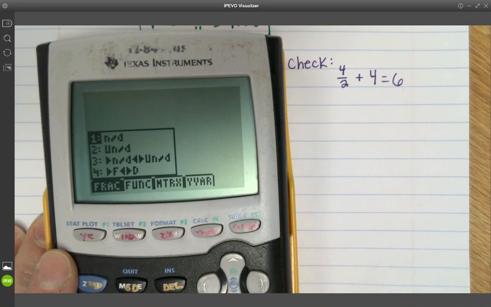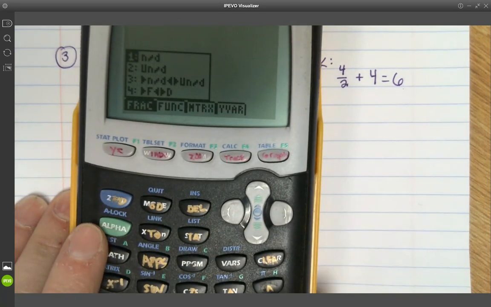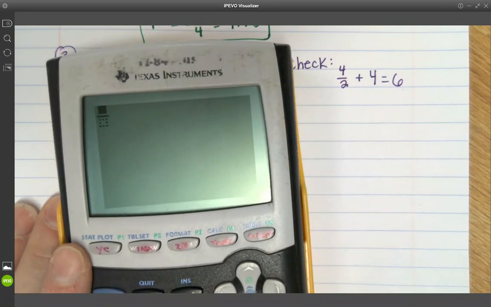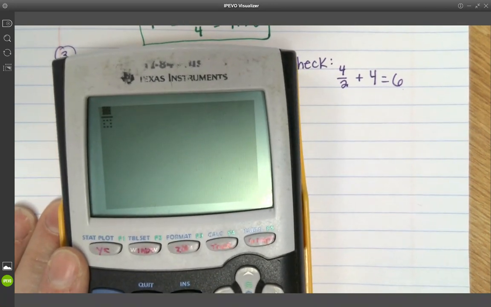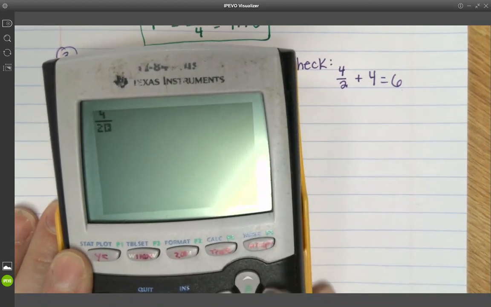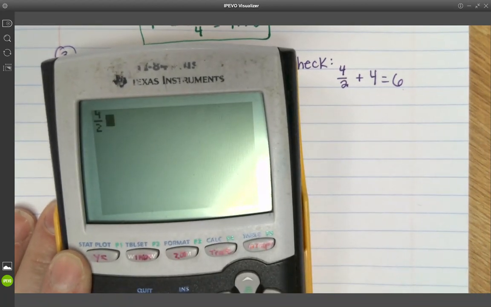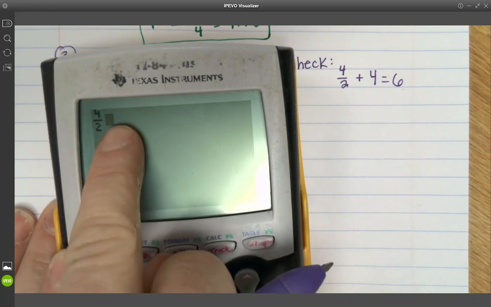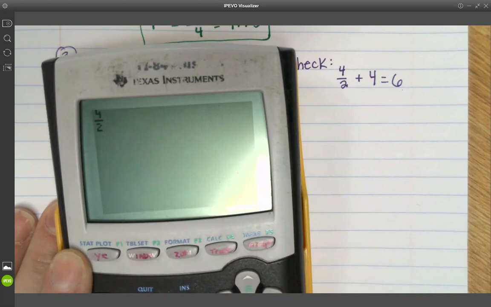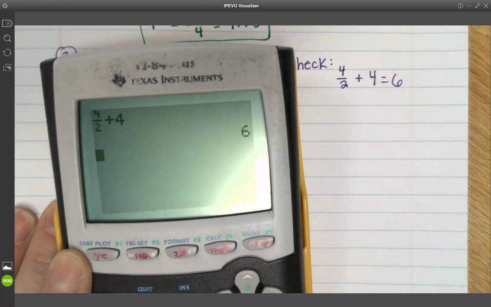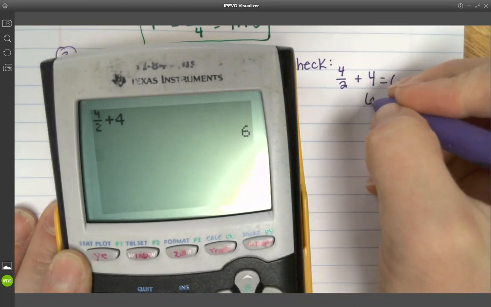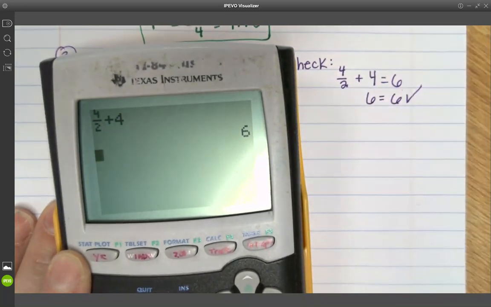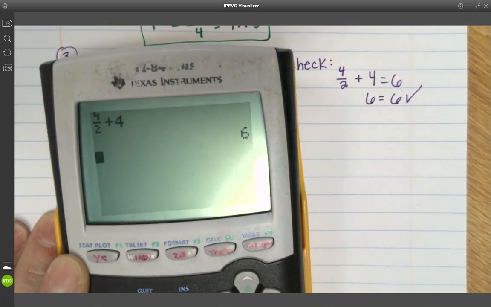The way that I get to the hidden menu is I do alpha y equals. Alpha is the green button. And so it comes up with a box for our numerator and a box for our denominator. So 4 over 2. And you have to use your arrow. Whenever I put in the 4, I arrow down to get 2, arrow over to get out of that fraction, and I do plus 4. And it gives us 6. So it's checked out. We did it correctly.